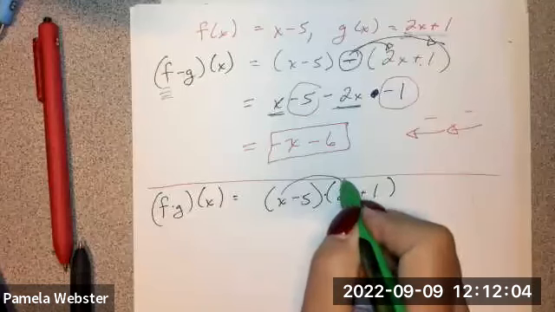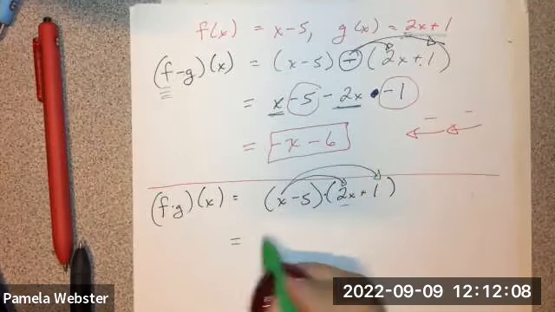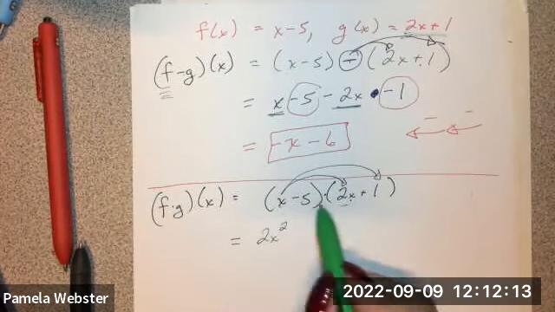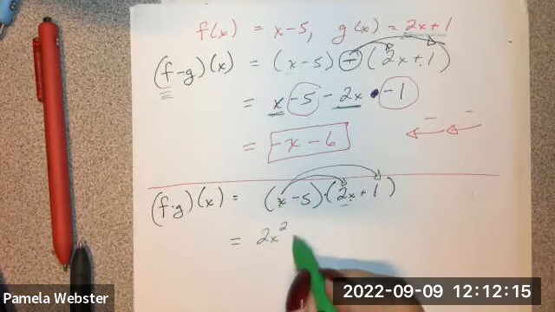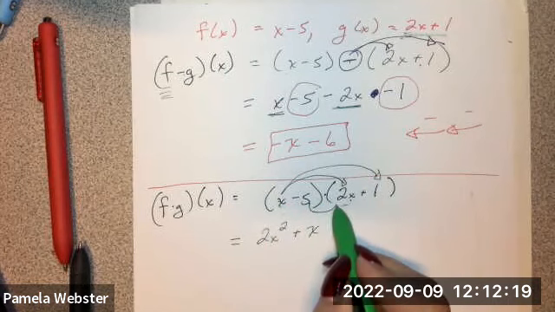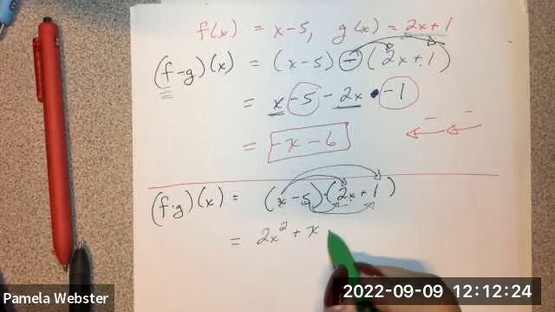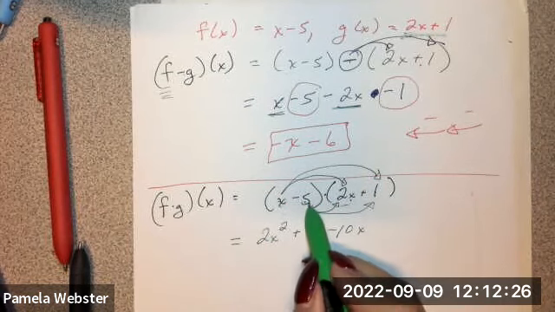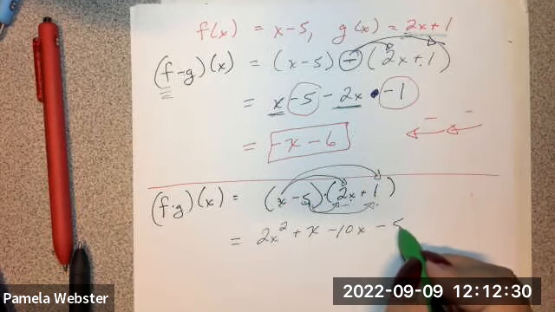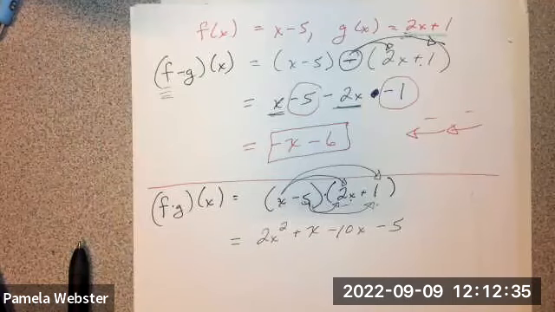Well, it's the x times the 2x and the x times the 1. So whenever I look at that, x times 2x is 2x squared. And x times 1 is a positive x. Okay. And then on the inside, we distribute the negative 5 through. Negative 10x. And negative 5 times 1 is negative 5. Okay. And this should look something like some of the factoring stuff that we did before.